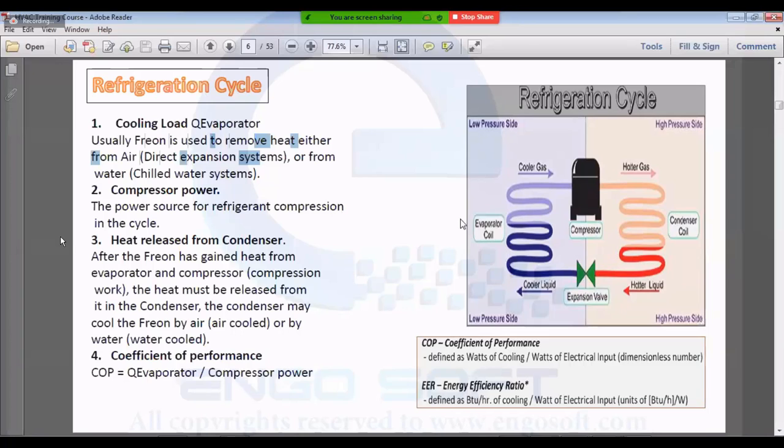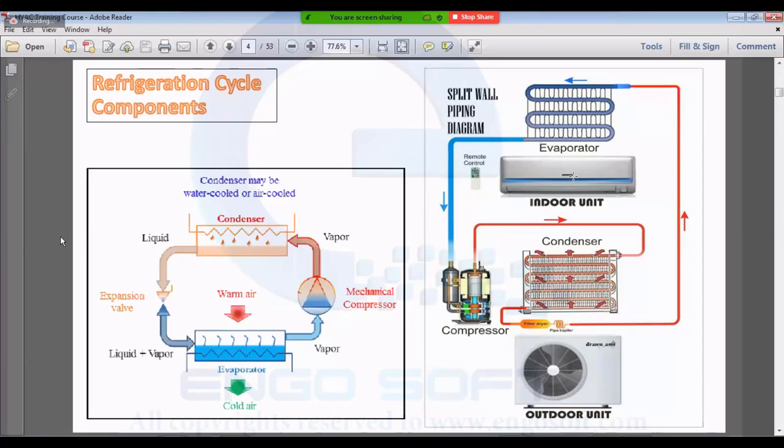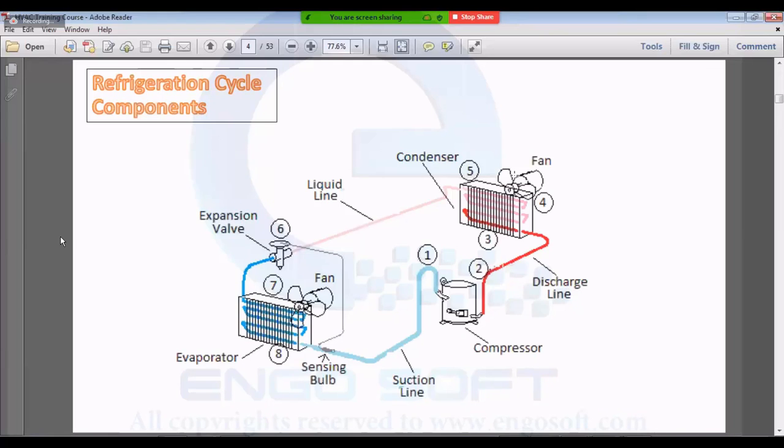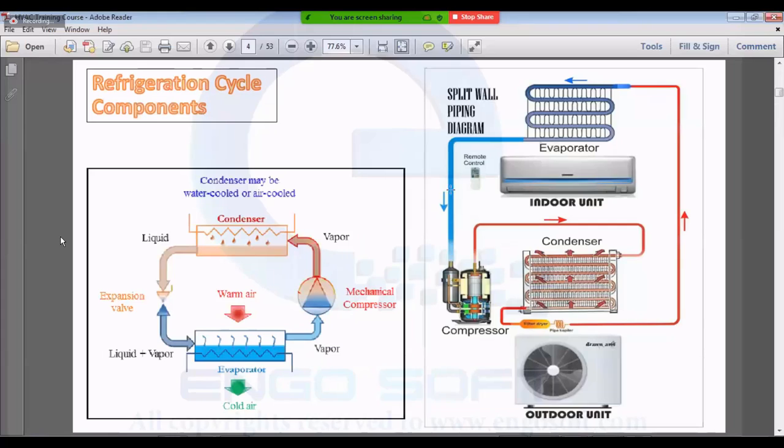In the case of direct expansion, the refrigerant is cooling air. Your office contains air, and the Freon is in the indoor unit, right? Air passes through the indoor unit and it gets cooled. While in the case of the chiller, the indoor unit contains chilled water, not Freon or refrigerant.